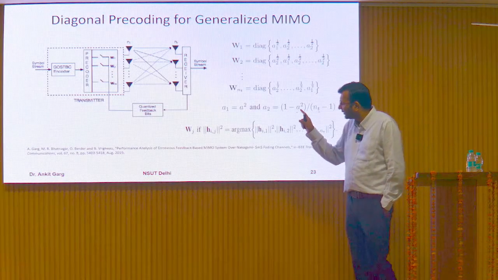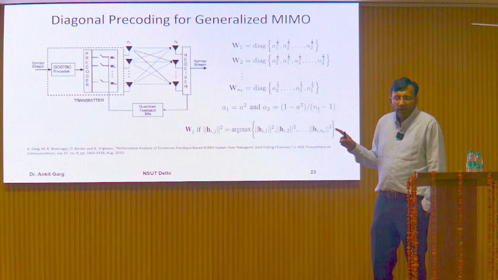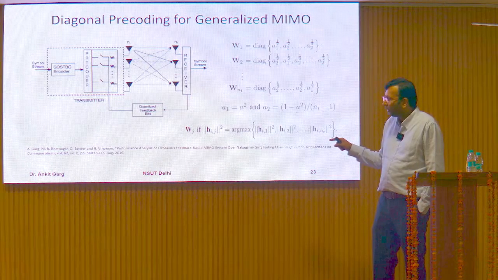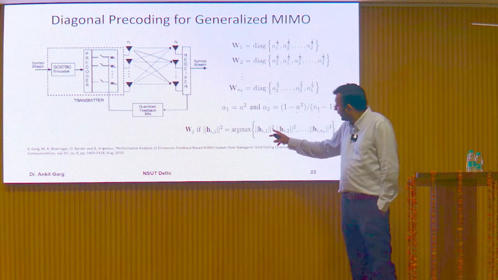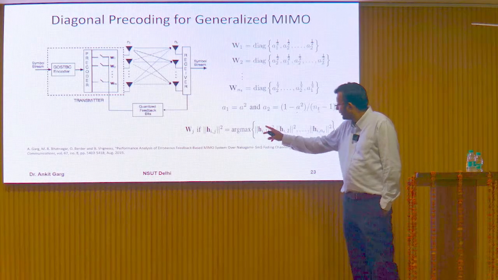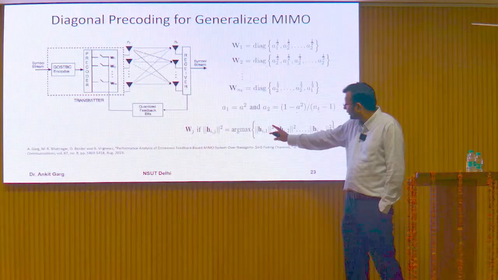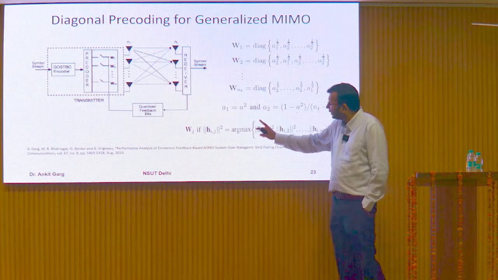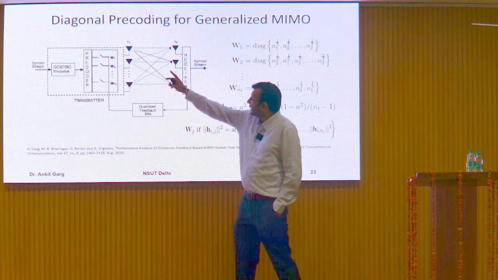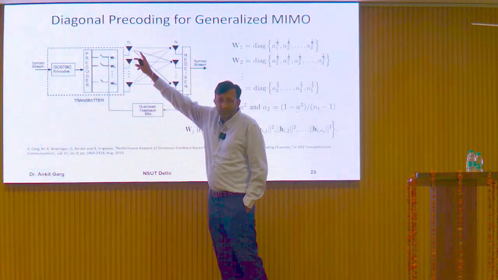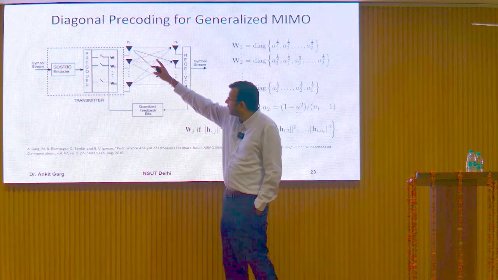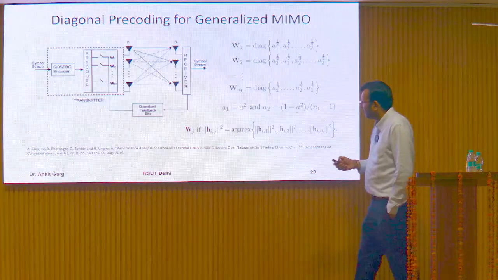So if you consider it as a matrix NR cross NT, it's a sum of your first column, sum of your second column, right? Sum of your first column represents all the channels associated with your first transmit antenna. Fine.